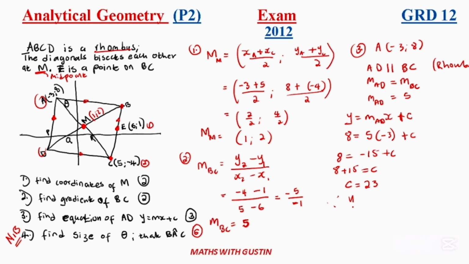Therefore, the equation of AD is going to be given by y equals 5x plus 23. Okay guys, and that's how you deal with a question like this one.